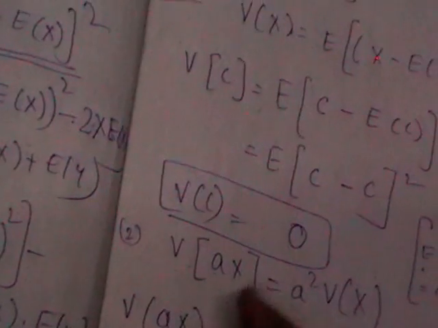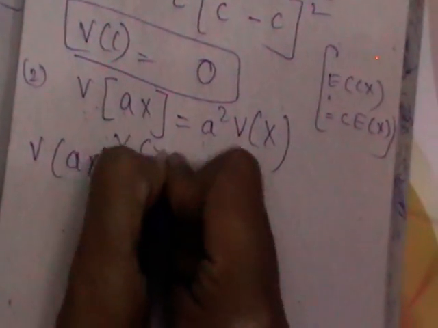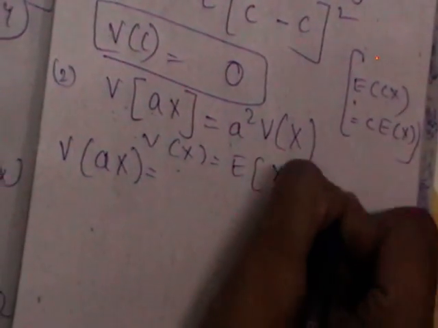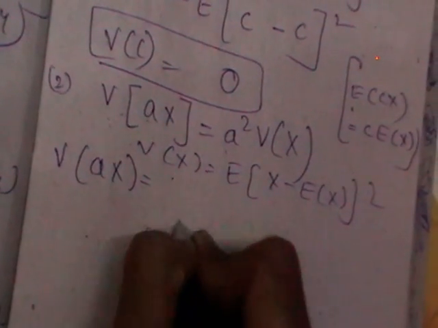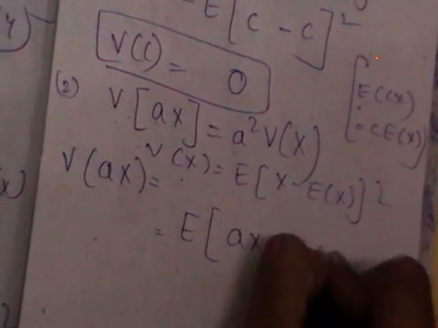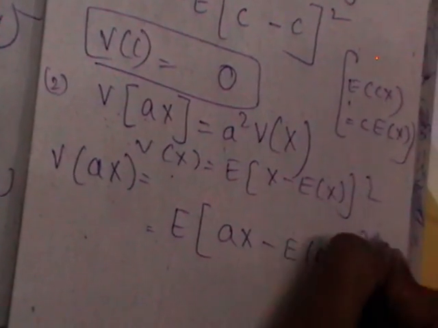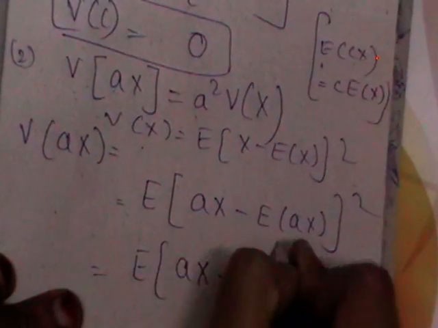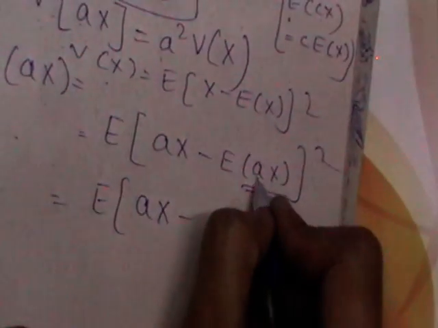Let us prove this. What is the formula for variance of x? Variance of x is nothing but the expectation of (x − E(x))². Variance of ax means the expectation of (ax − E(ax))², since in place of x we have ax. What is the expectation of ax when a is a constant?